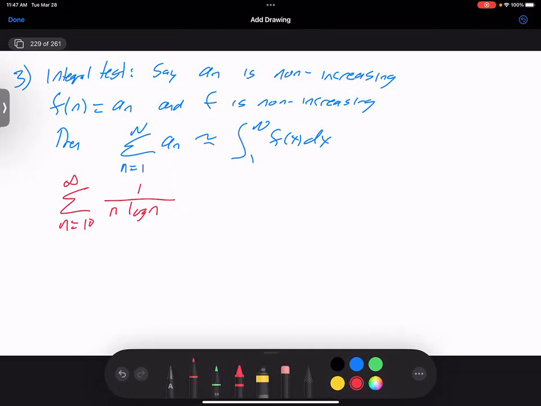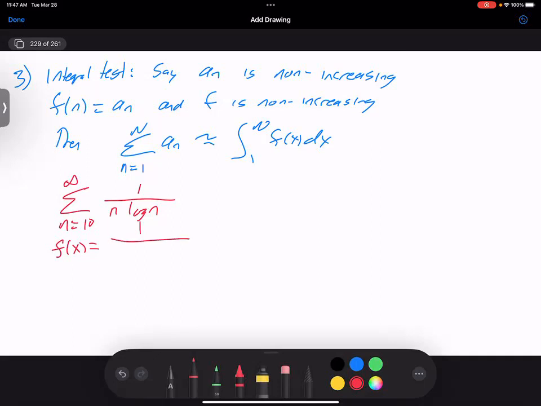So can you think of what would be a good function f of x to try? What would be a good function f of x such that when you take x equals n, you get 1 over n log n? Is it like 1 over x log x?